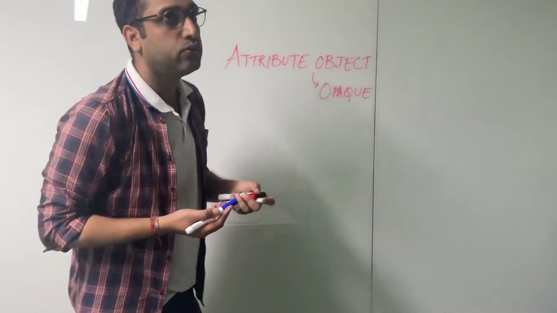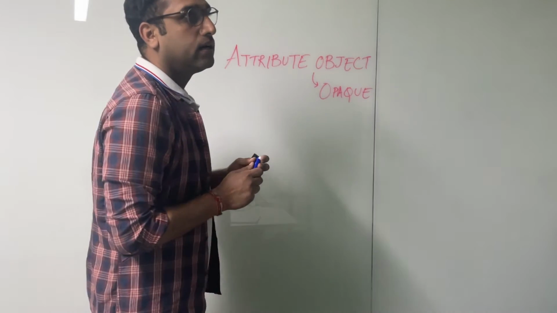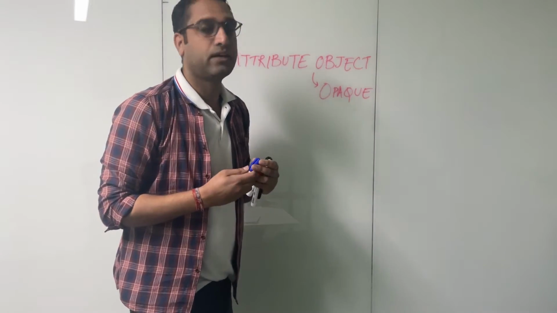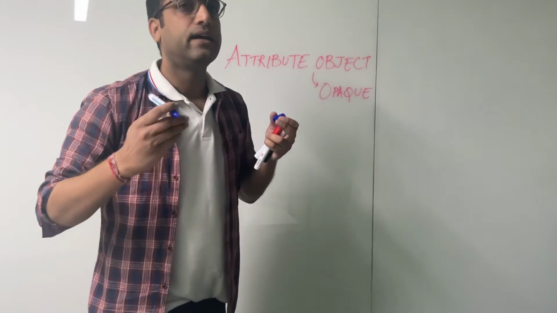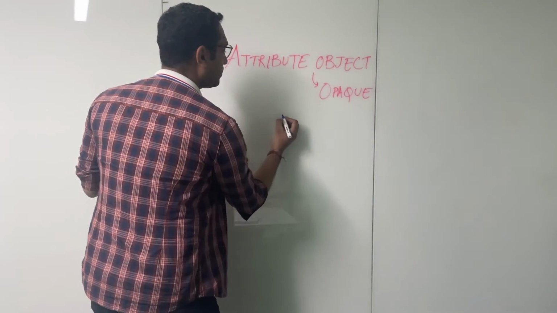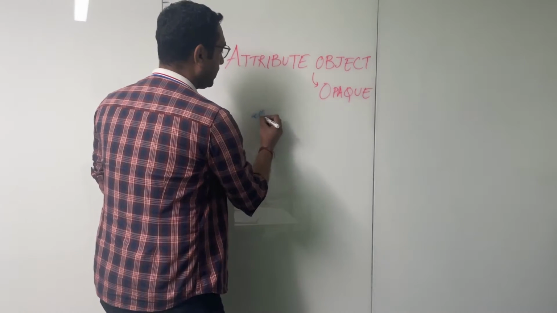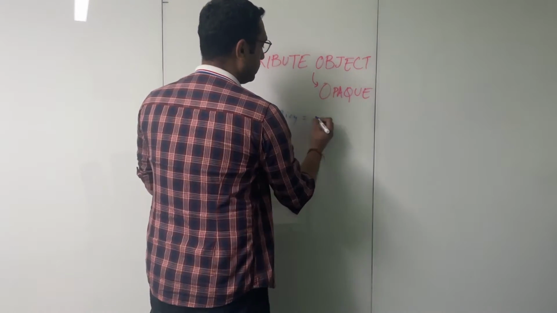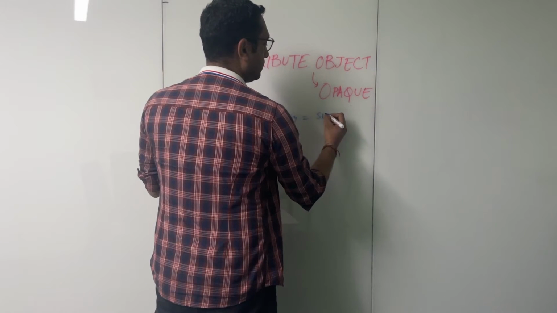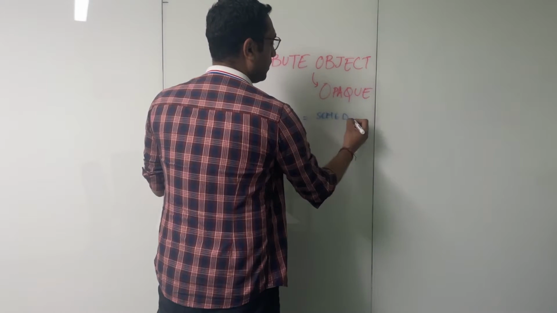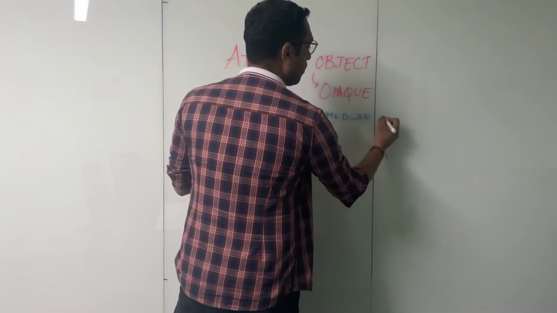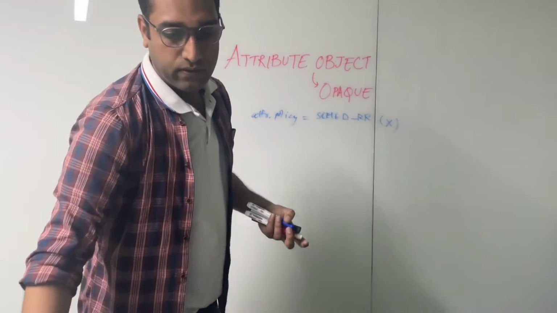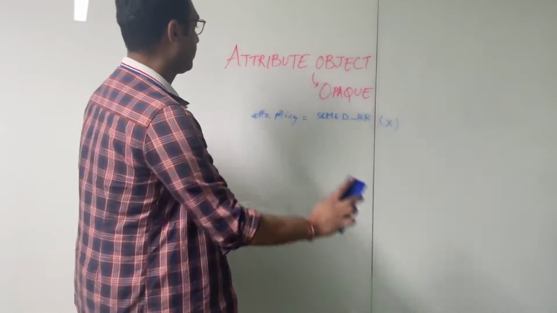If we had to set the scheduling method to, let's say, round robin, then we cannot simply say that attr.policy equals SCHED_RR. That would be wrong. They are not exposed this way, so we will not be able to do that.